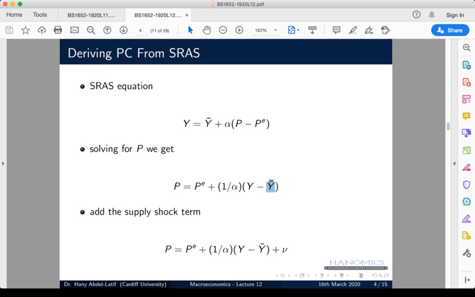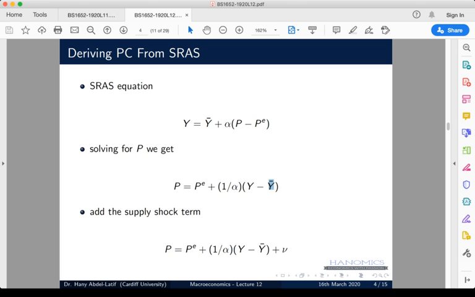If the actual output is above Y bar, the full employment output level, that means we have an inflationary gap. That means there's higher demand, which puts upward pressure on prices and pushes them up.